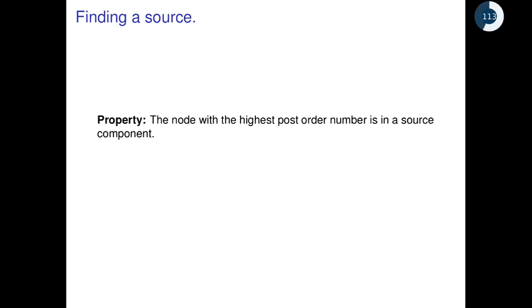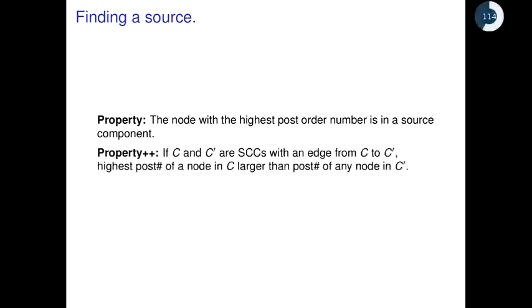That's what we showed last time. That's why we talked about topological sort and post-order number and how I love the stack. The highest post-order number in any depth first search is a source, because it's the first one output by the topological sort. Moreover, we can generalize this.